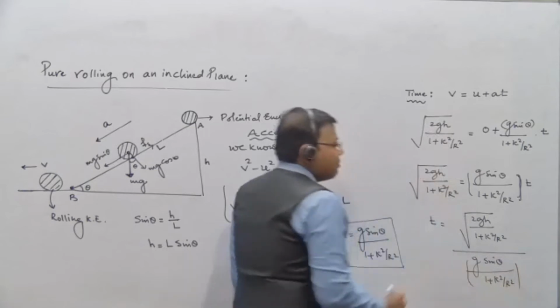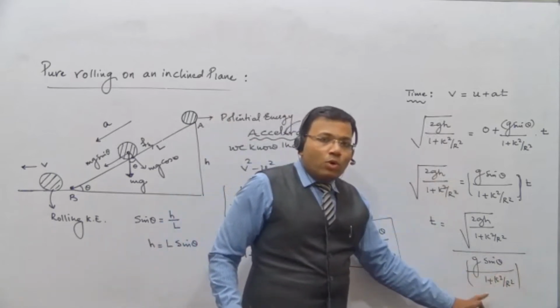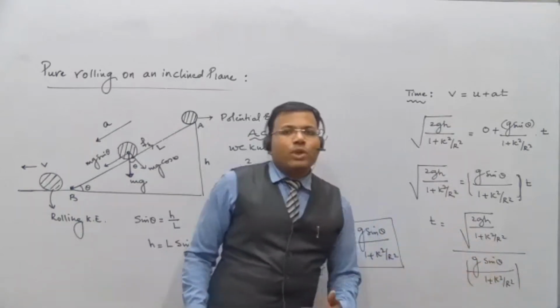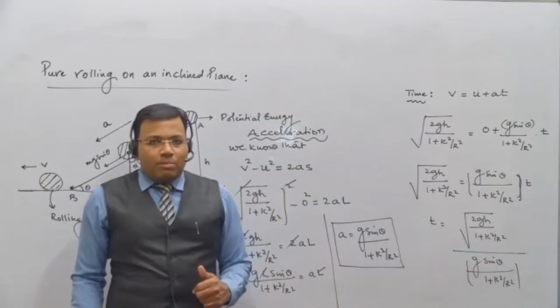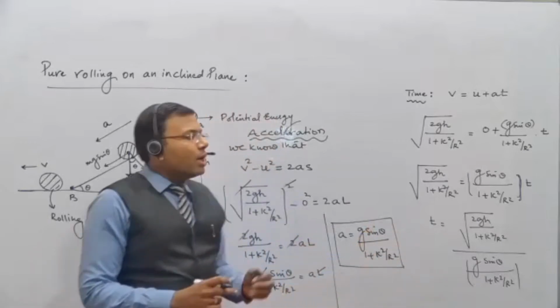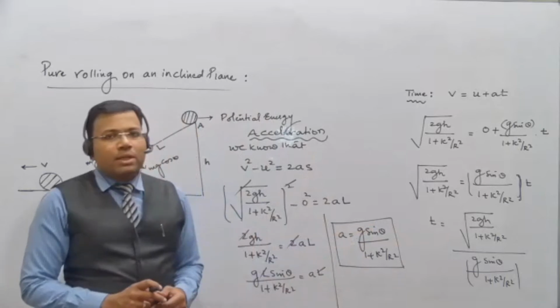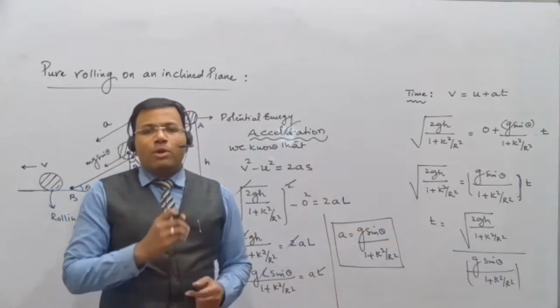Here you can further simplify by cancelling the 1 plus k square by r square terms, since this also has a root, that you can cancel. But I don't suggest you cancel and go for a formula that you cannot remember. If you understand the process I have shown you and can do it by yourself, just the values will be given, substitute and get the answer for the time the rolling body takes to come down the inclined plane.